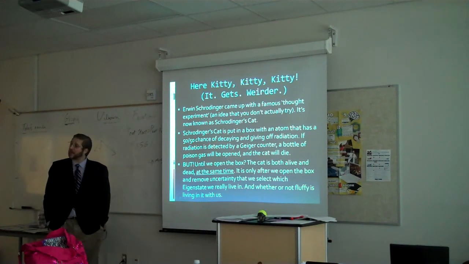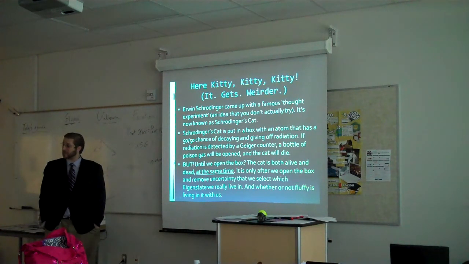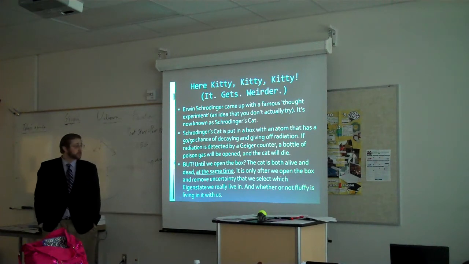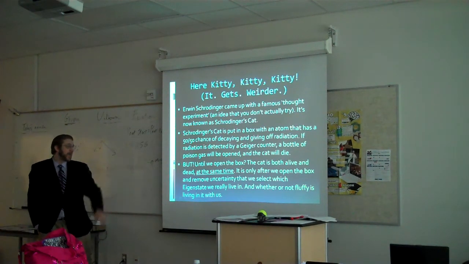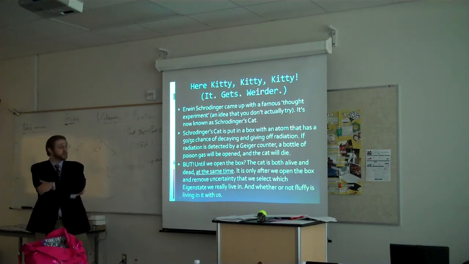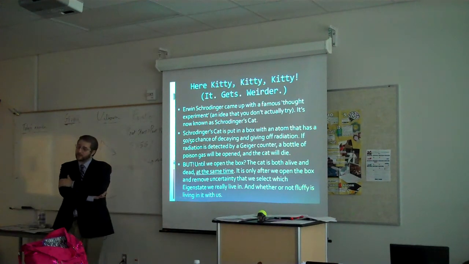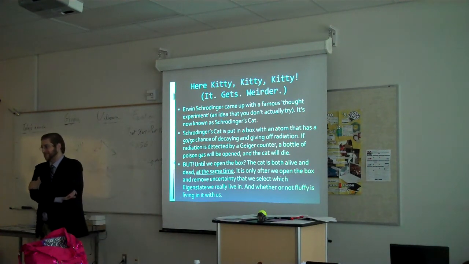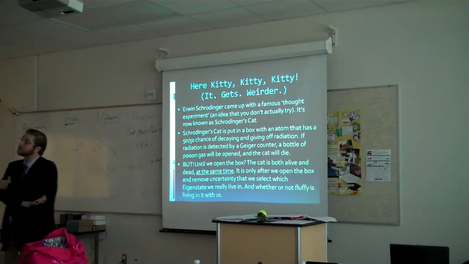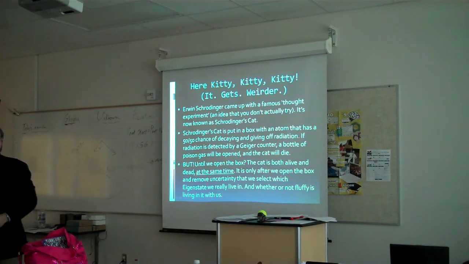Not half alive and half dead, 100% alive and 100% dead. It's only after we open the box and remove that uncertainty that we select which eigenstate we live in, and of course whether or not Fluffy made it through with us. Now what that looks like from Fluffy's point of view is another question.